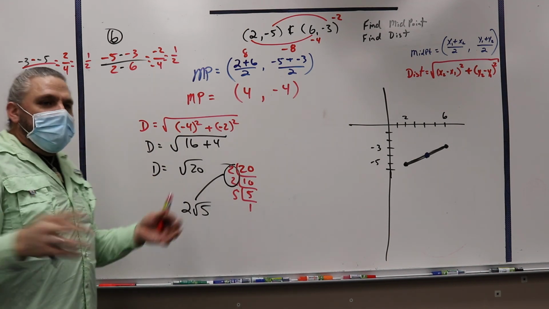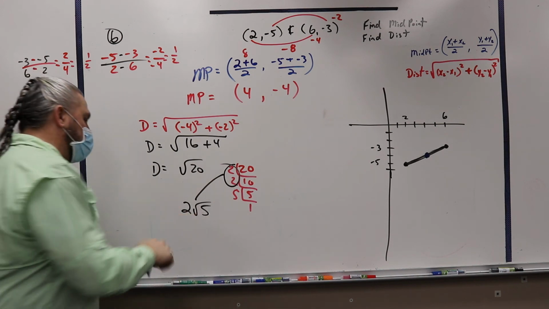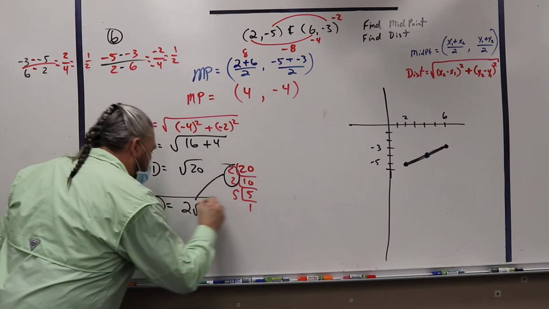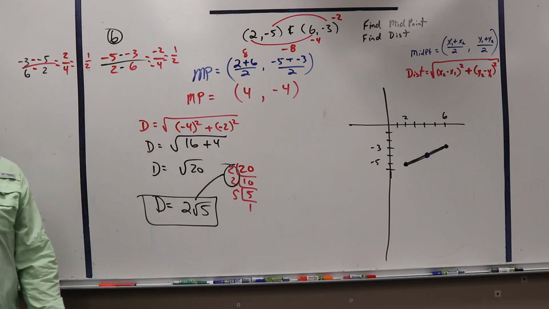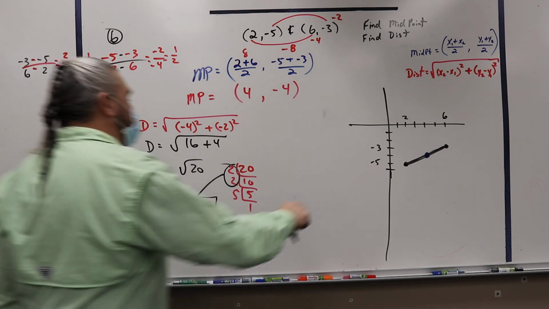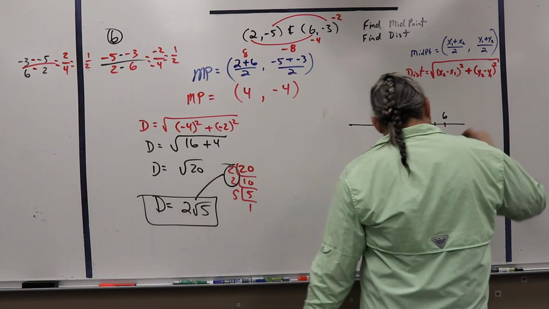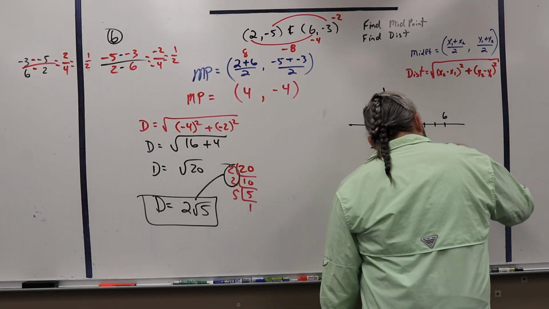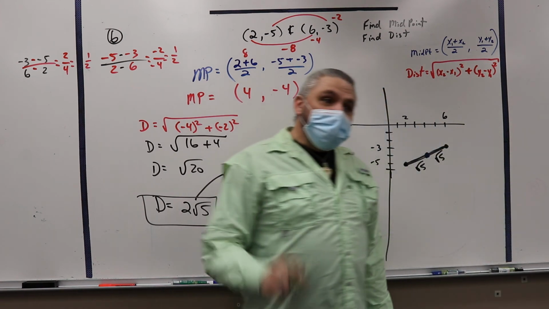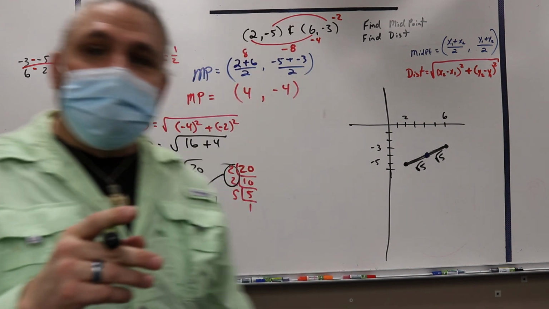Does that make sense? However you do it, as long as you come up with 2 square roots of 5, I'm happy, because that's what you need. We need to know that the distance is 2 square roots of 5. That means that this distance is the square root of 5, and this distance is the square root of 5, which is really important.